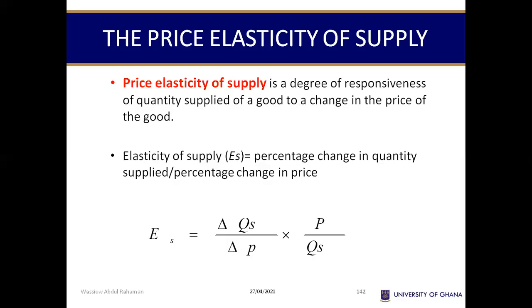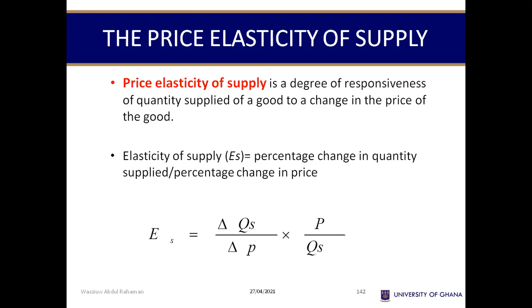The own price elasticity of supply is the measure of the responsiveness of quantity supplied to a change in the price of a good. It is not quantity demanded as in the case of demand, but quantity supplied in this case.